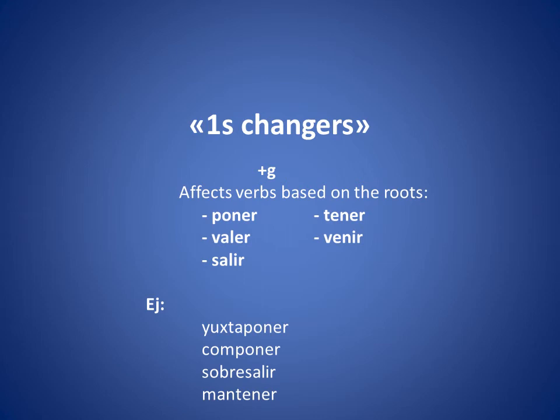If you said all of them, you would be correct. Every one of these verbs is based on one of the 5 verbs in that list. Yuxtaponer, componer, sobresalir, mantener. So if a verb has one of those 5 verbs as its base, it's going to have this irregularity.